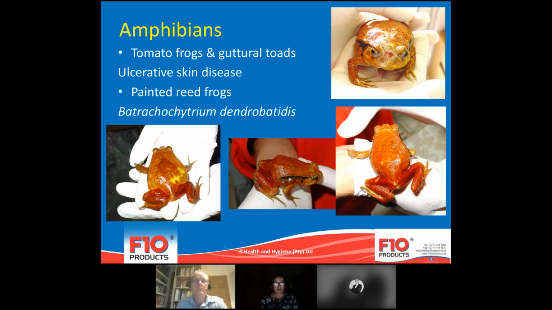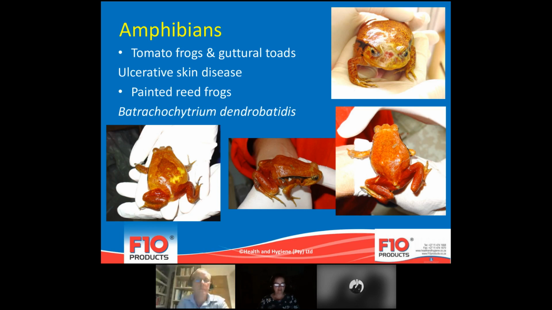Amongst these animals was a group of 21 tomato frogs, and they developed ulcerative skin disease or red leg. They presented with hyperemia, ulcers, cloudy eyes, and skin depression. We treated them with systemic enrofloxacin and eye ointment.